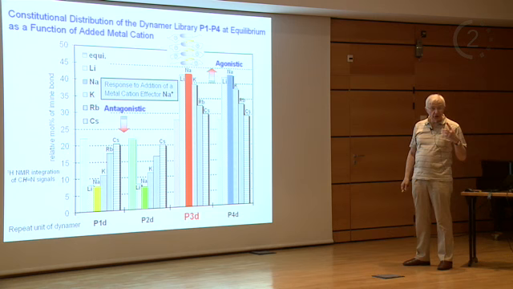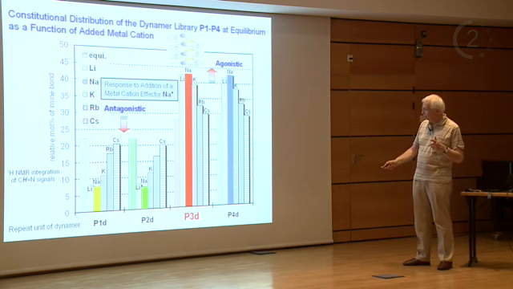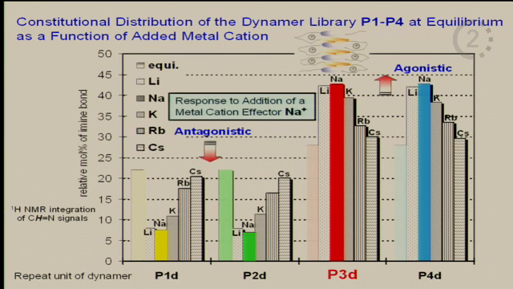Now that shows everything I told you earlier. P1, P2 are antagonists to P3. When you favor P3, it diminishes P1, P2. But because P4 has components which are not present in P3, it can also increase.